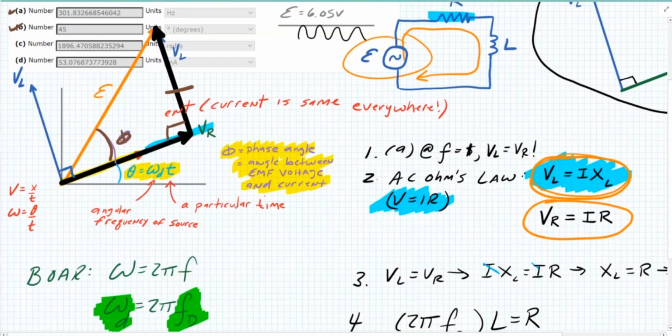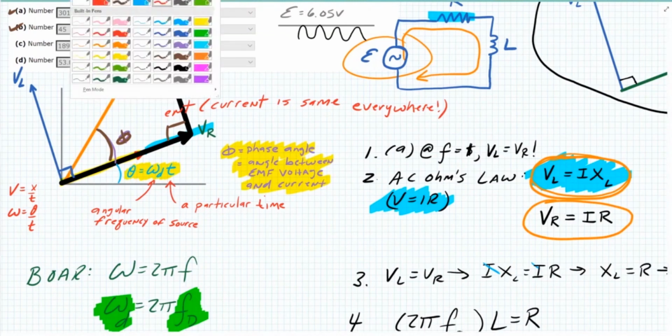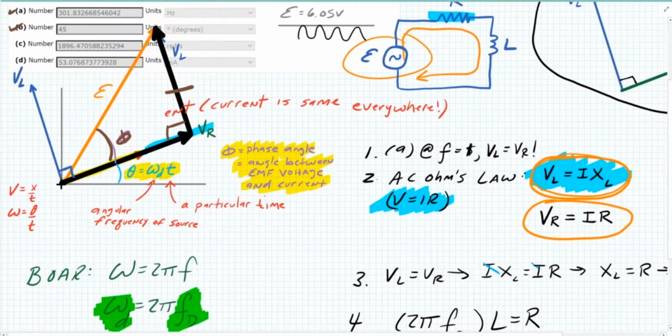We're just saying that at an arbitrary time, if we asked what's going on at time equals 0, then this black vector would be completely in that direction. But we're looking at what's going on at some arbitrary point in time.